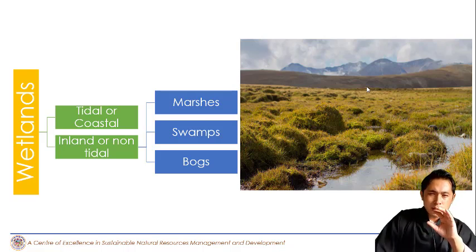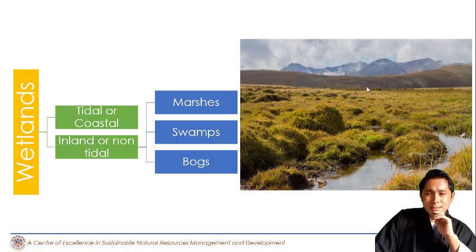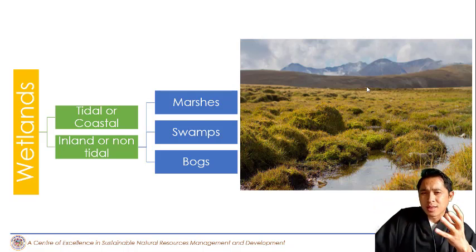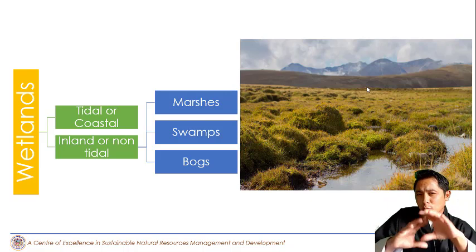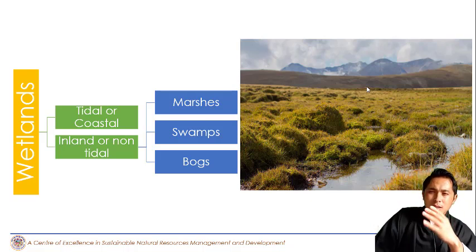Sphagnum moss are not the very heavy moss that we find on the walls of wet areas in the wet forest. Sphagnum are a very unique kind of moss, which are quite fluffy, quite light, and quite leafy compared to most mosses. Sphagnum moss is a characteristic of bog wetland.